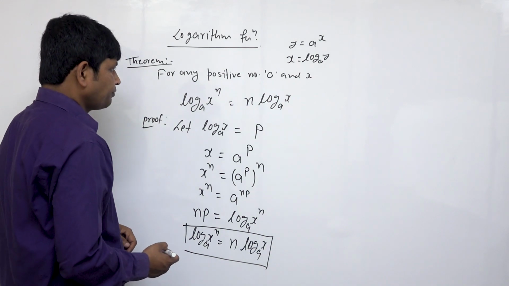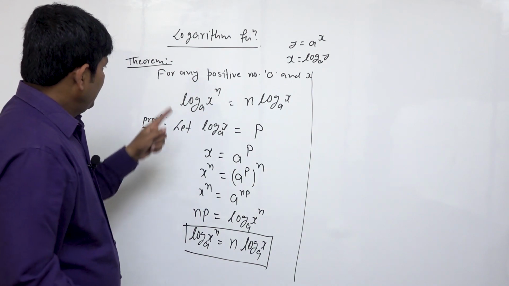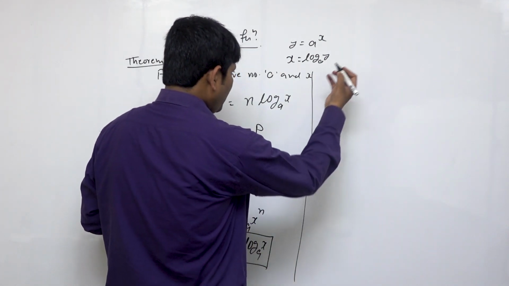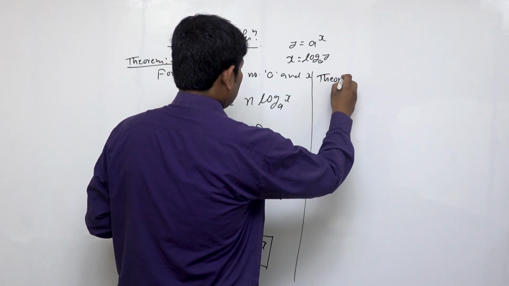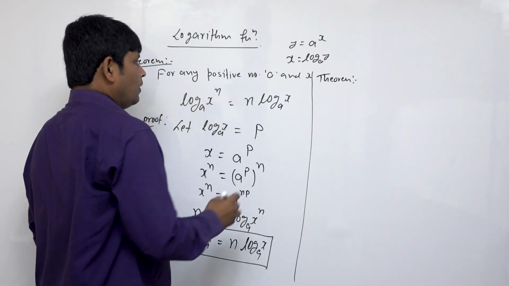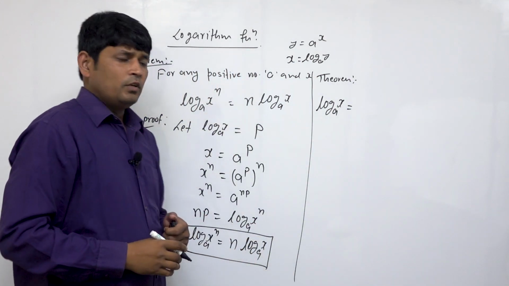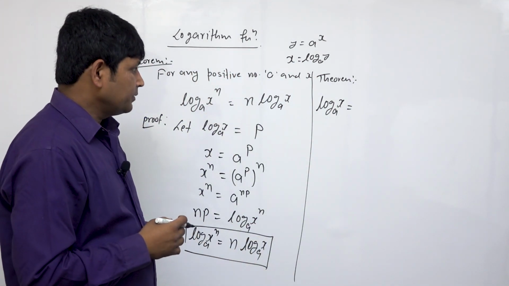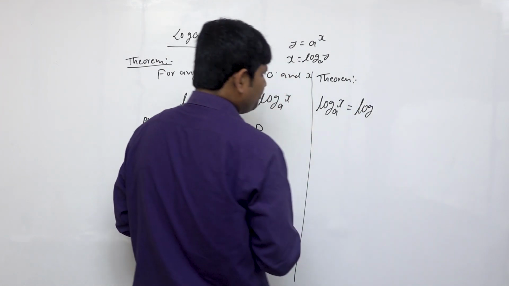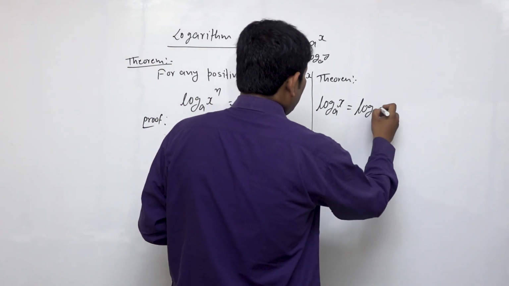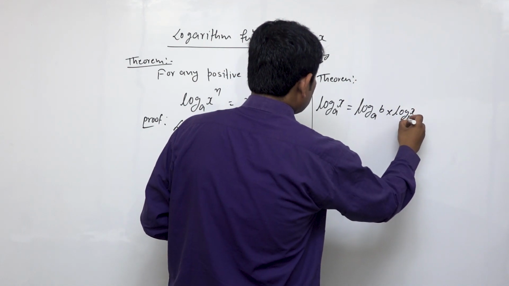Now there is another property. For any positive numbers a and x, another theorem: suppose we want to change the base of log of x to the base a, then what to do? We can change it like this: log of b to the base a times log of x to the base b.